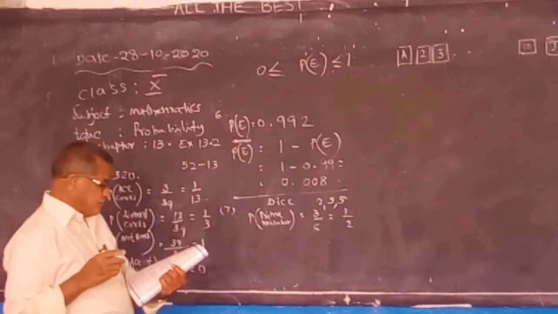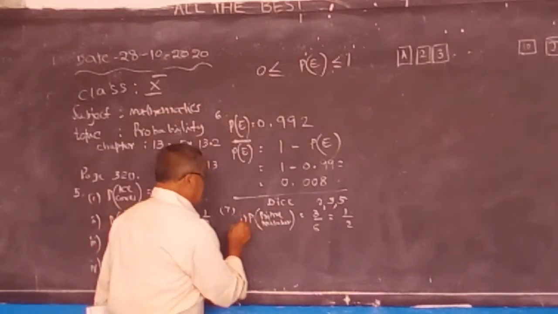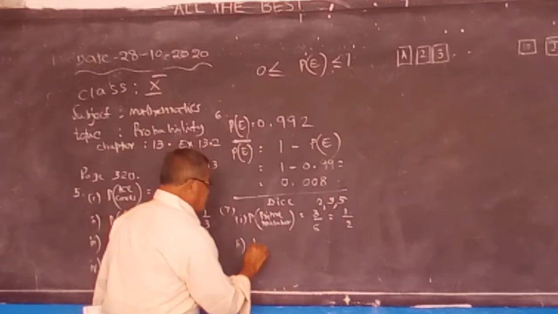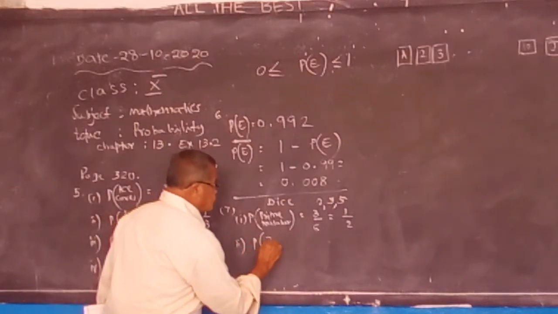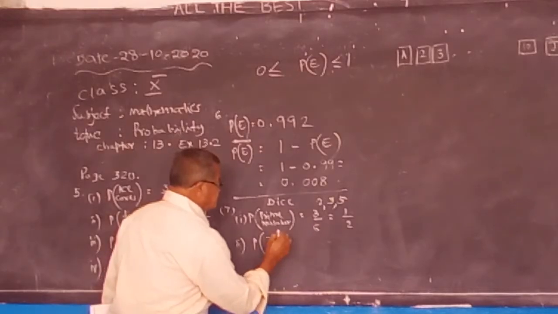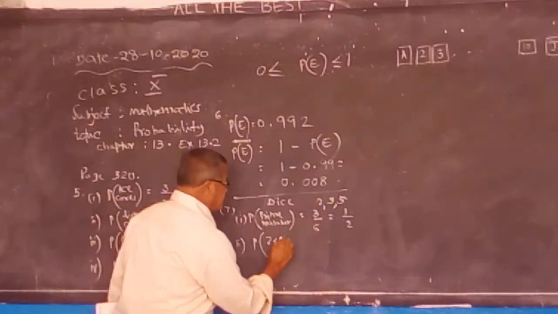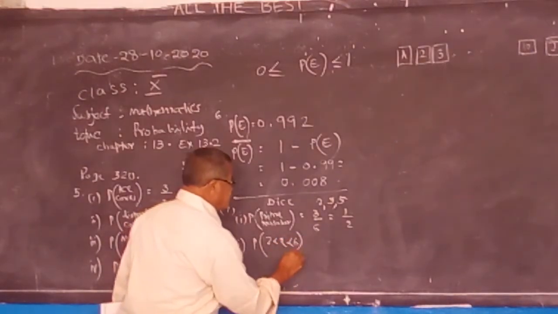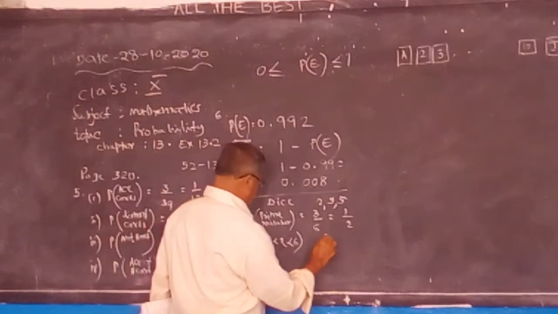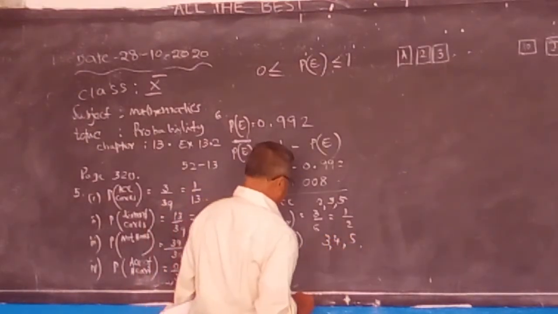Second bit, a number lying between 2 and 6. Suppose this is x. Between 2 and 6, the numbers are 3, 4, 5.